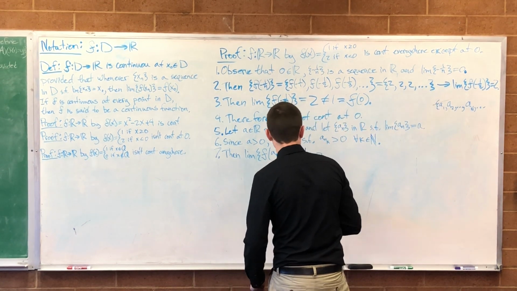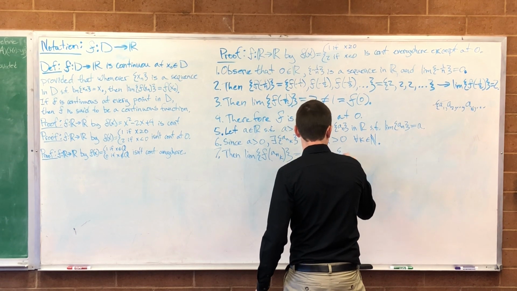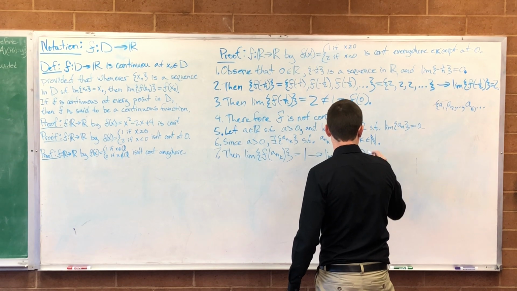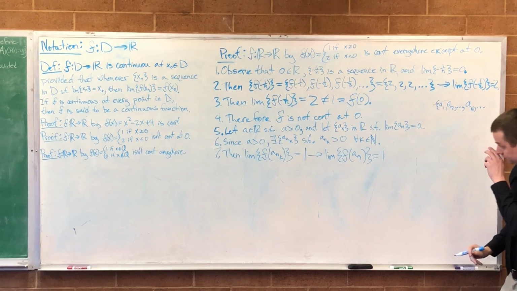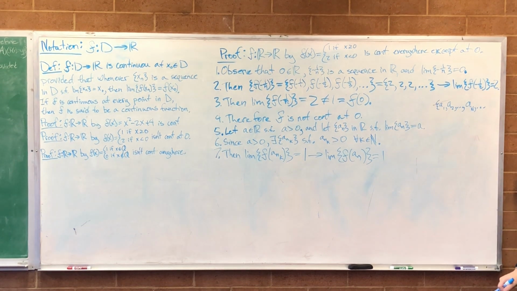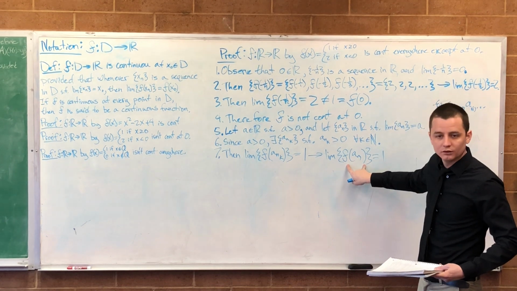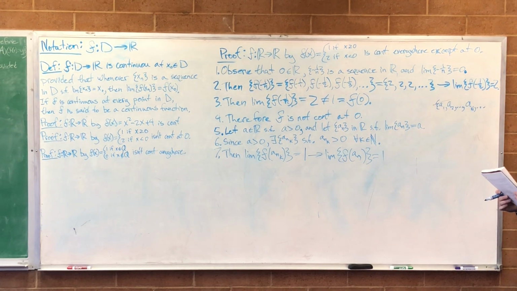That's going to give me that the limit of f of a_n is equal to 1. Because now this is just a subsequence of this. So they converge to the same thing.